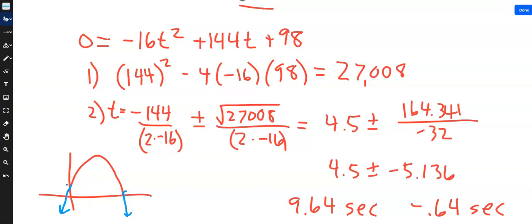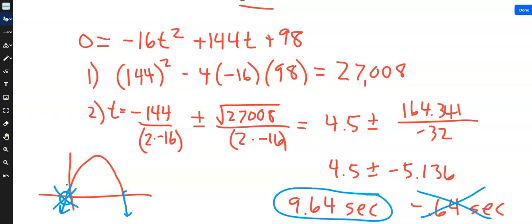But the entire graph does not apply to this situation. Only that part in quadrant 1 applies. So this answer, which was negative, is useless to me. The only actual answer is 9.64 seconds. So we toss the one that makes no sense whatsoever.